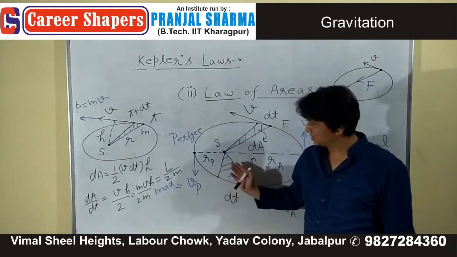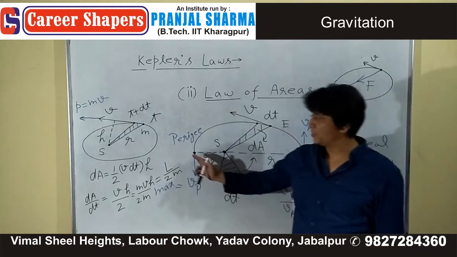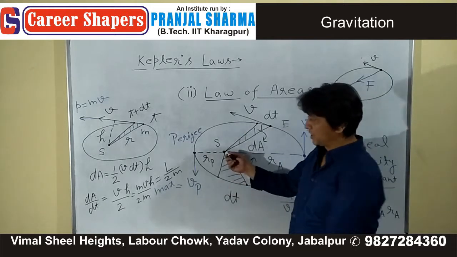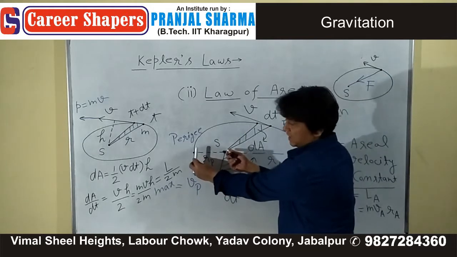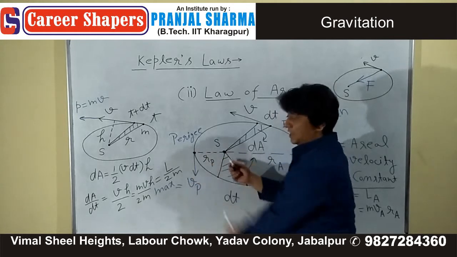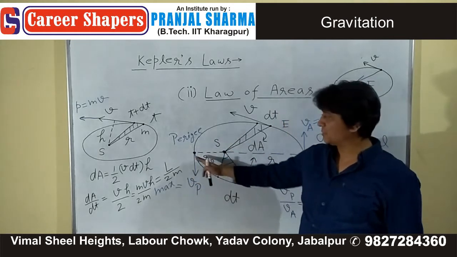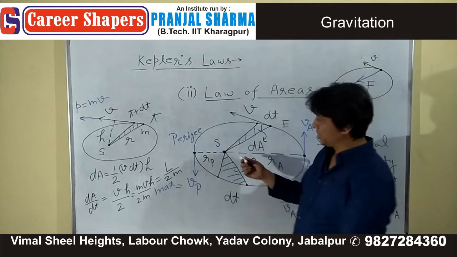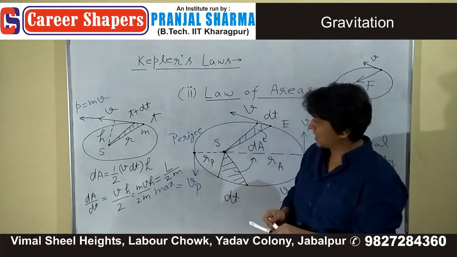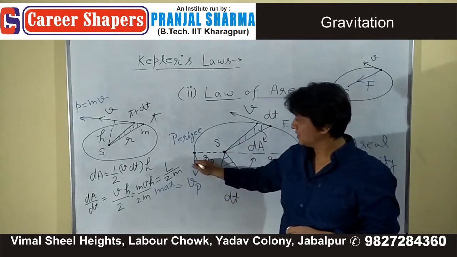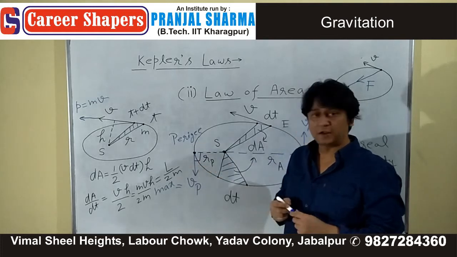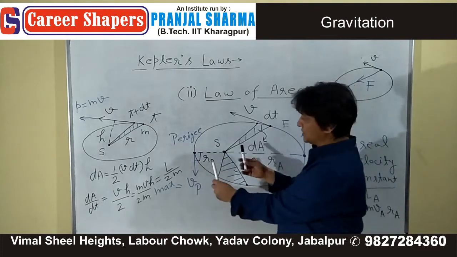Same is the case with angular momentum at perigee. Your axis of rotation, this is the linear momentum. When a planet is at perigee or at apogee, this angle is always 90. So when this angle is 90, we can directly find the perpendicular distance.